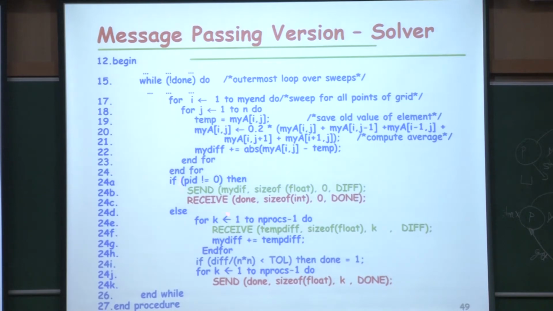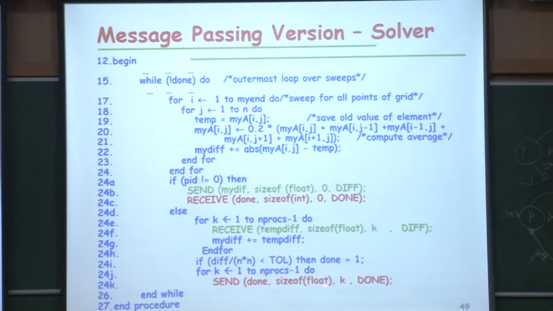Process 0, on the other hand, is going to receive data from each one of these other processes, get the temporary diff data, and add up all of them. It will compute the convergence condition and send that done flag to all processes.